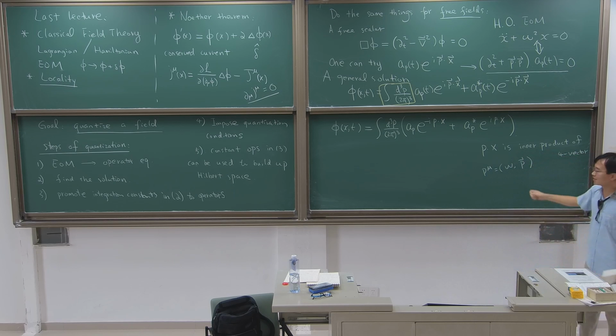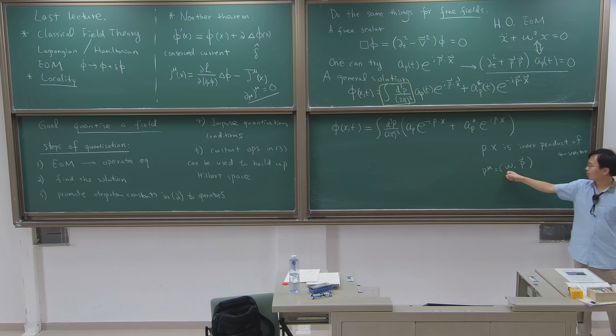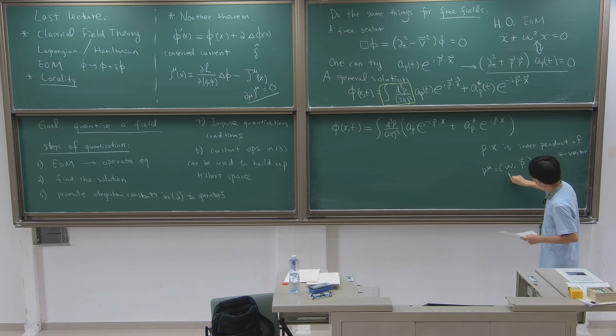This is the original x, y, z direction momentum, right? Now I combine it with omega. As the definition of this omega, I just take the square root of this p. A few things you have to pay attention to.